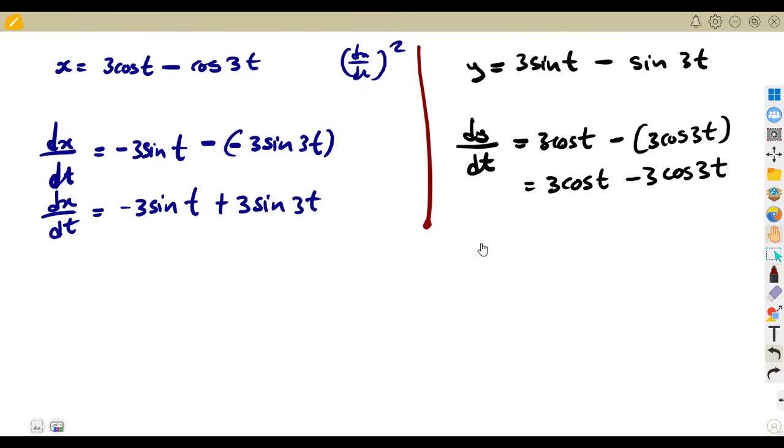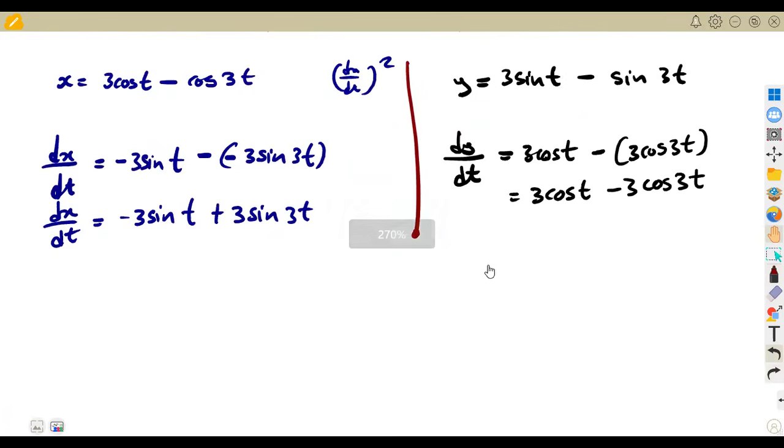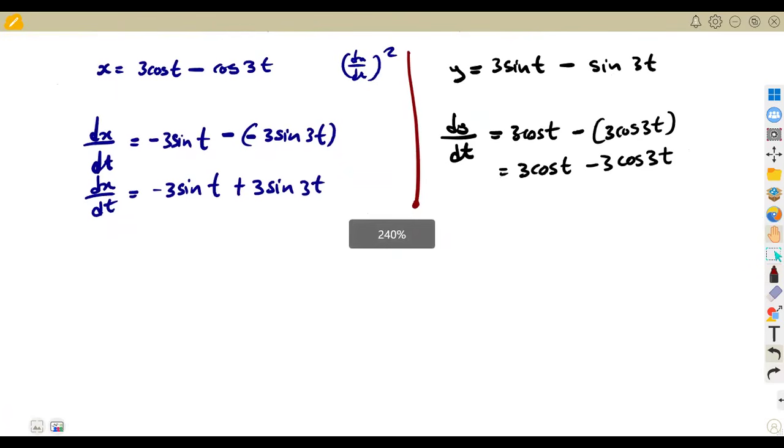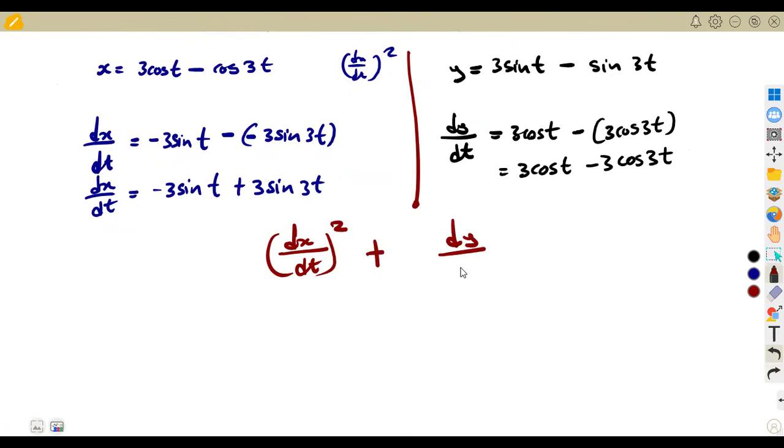So we're going to combine these two. We are going to square as we saw from our formula. We are going to need the derivative of x with respect to t squared plus the derivative of y with respect to t squared. Okay, so what does it mean? It means we are supposed to substitute here. So we're going to substitute this for x as it is.